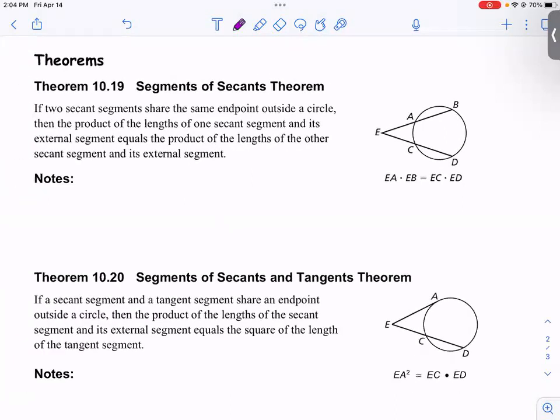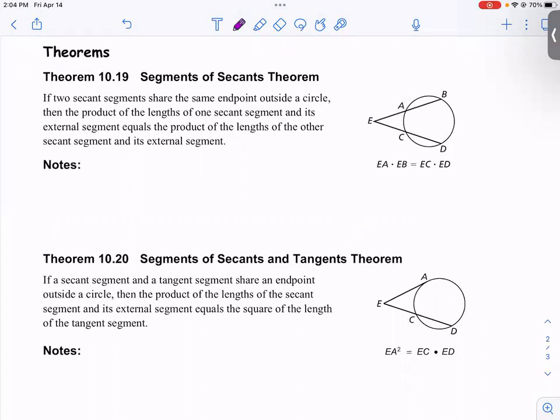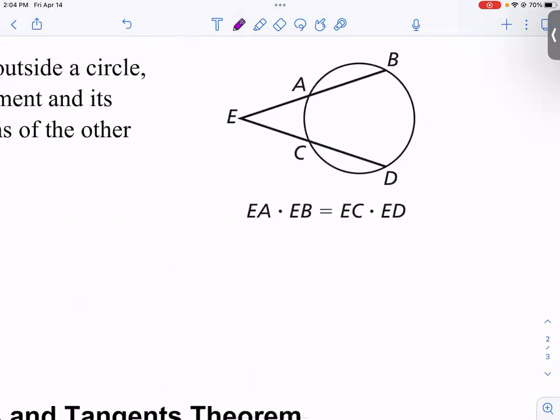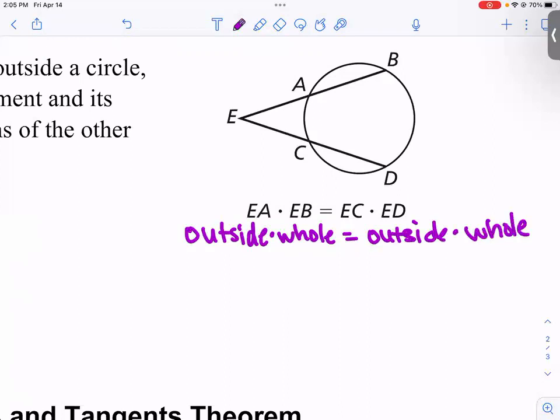Okay, when we have either two secants or a secant and a tangent, the length of these segments we can find by taking the outside segment times the whole segment, and they're going to be the same. What do I mean by that?